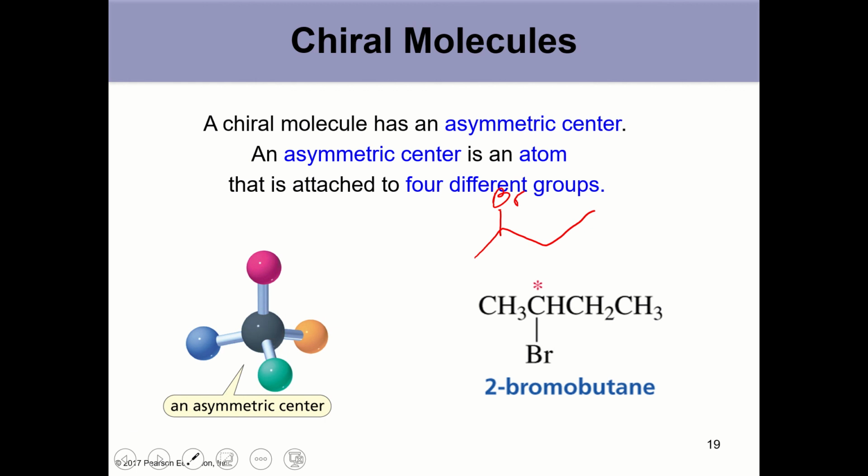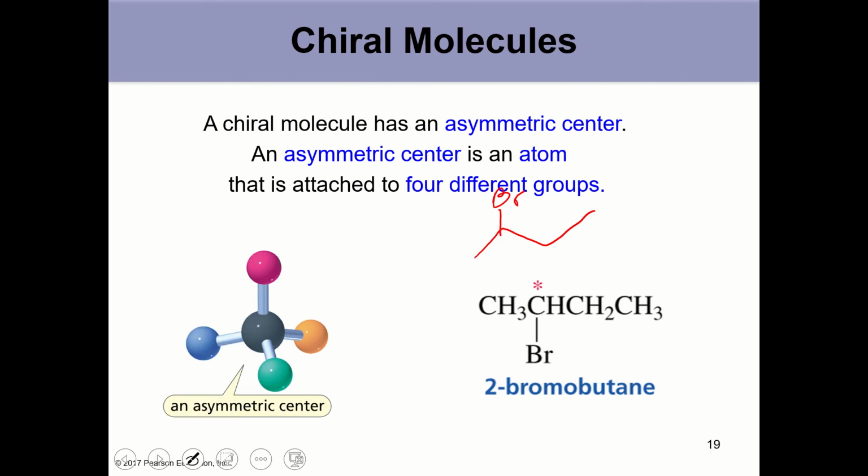The example that we were studying in lab yesterday was 2-bromobutane, which looks like the molecule in red as a skeletal structure. In a skeletal structure, the asymmetric center will appear as a carbon that has 3 lines or 4 lines. If the 3 lines lead to 3 different groups, then it will be an asymmetric center, because the 4th group is the unseen hydrogen.